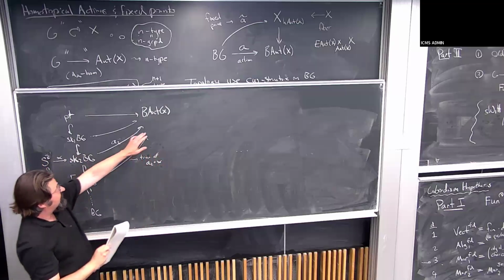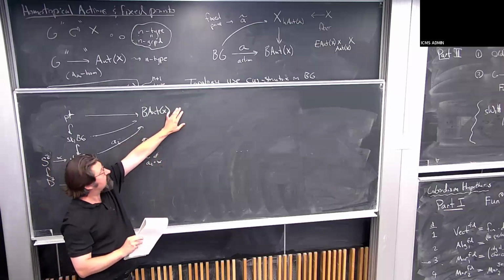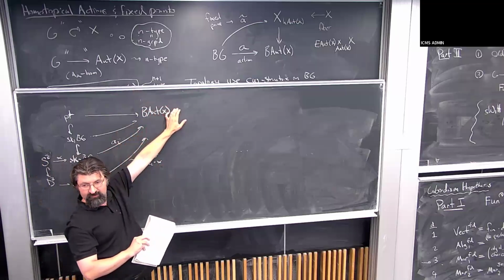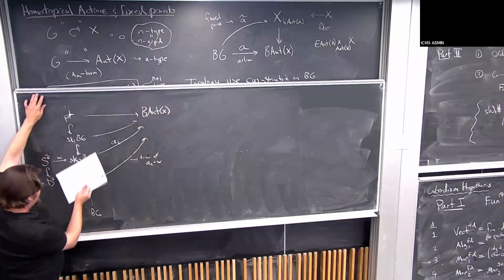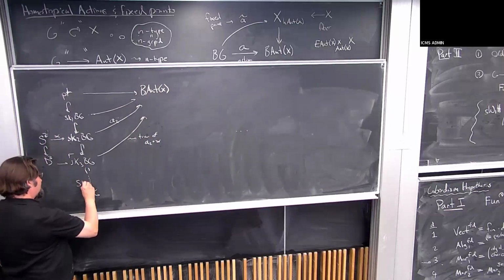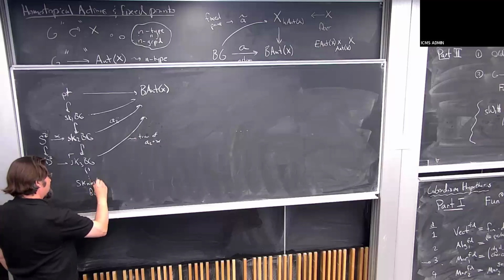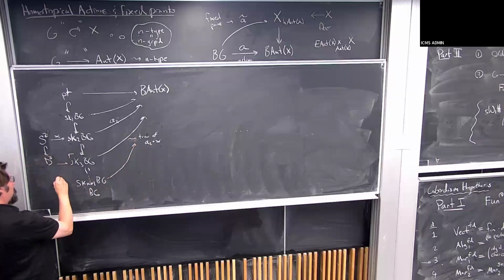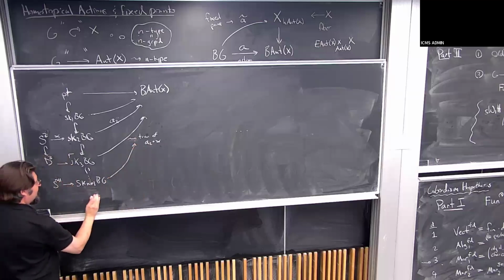If this is an n type or an n+1 type, eventually the homotopy groups vanish. And what that tells you is once you get far enough, once you get to skeleton n+1 of BG, well, then you have this n+1 attaching sphere for the next stage.